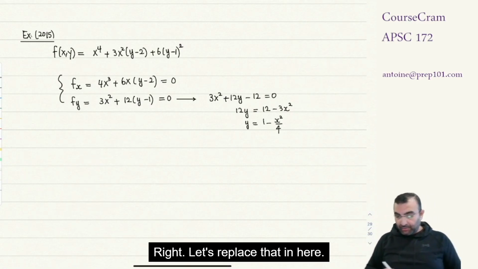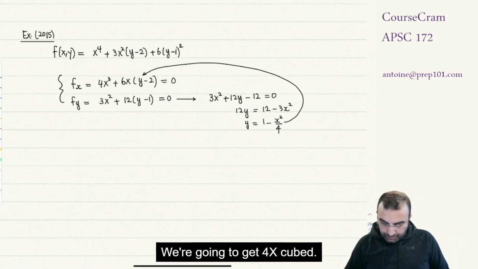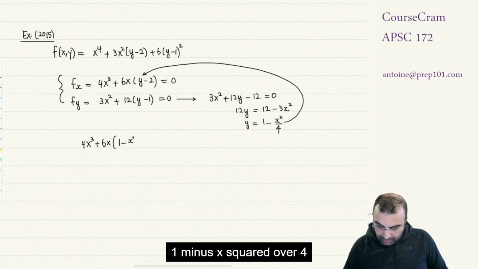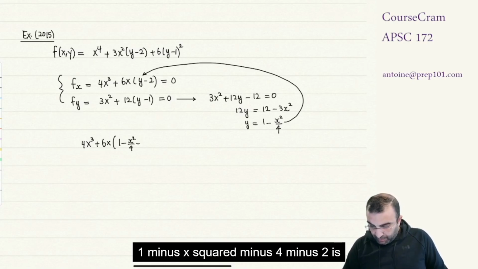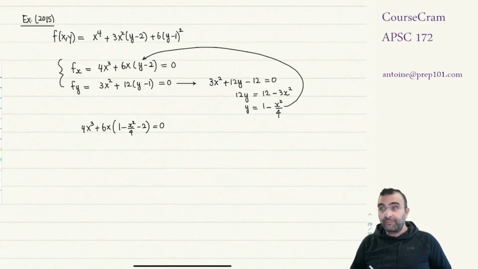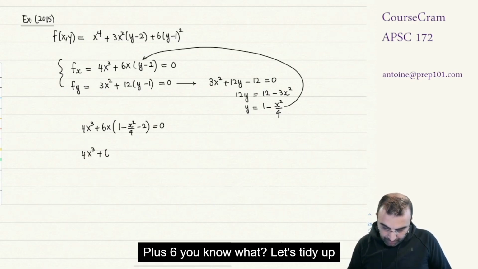Great, let's replace that in here. We're going to get 4x cubed plus 6x times 1 minus x squared over 4, minus 4, minus 2 is equal to 0. You know what, let's tidy up here.